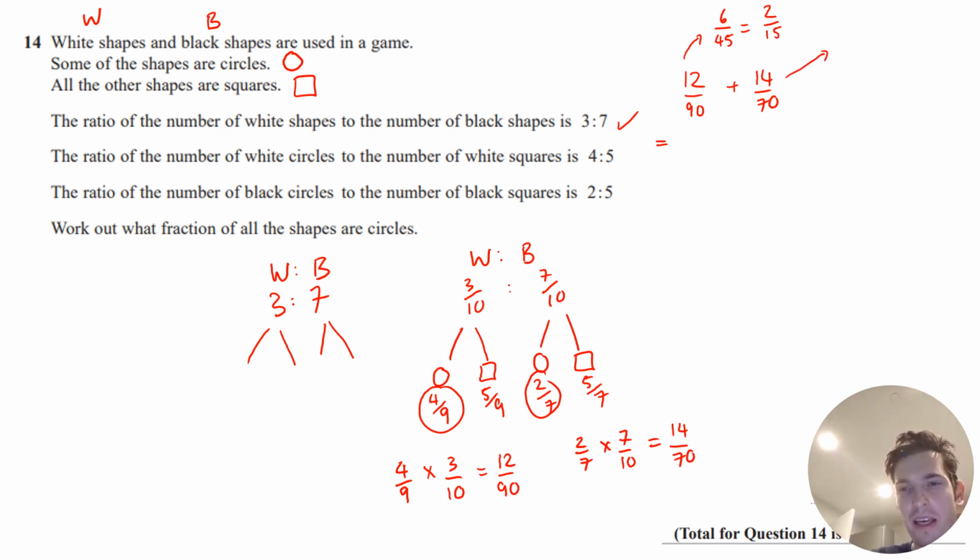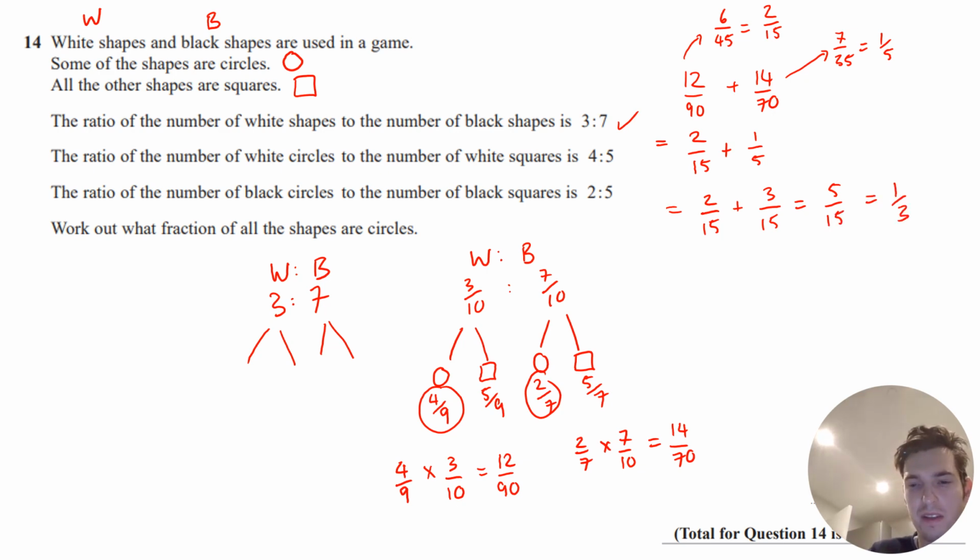And this is going to be 7 over 35, which is a fifth. So that's a lot easier. 2/15 plus 1/5. That's nice and easy. 5/15, which is a third. So that is my answer, a third.